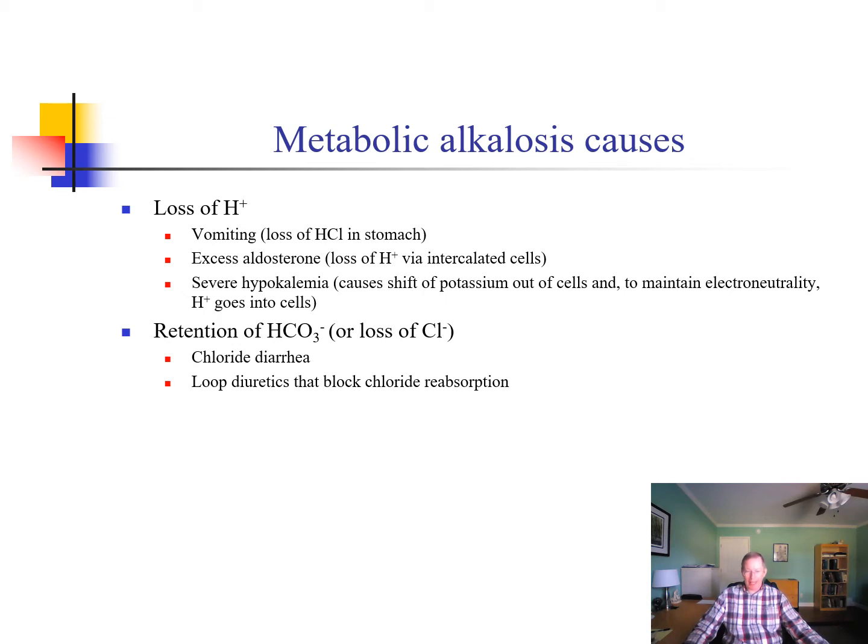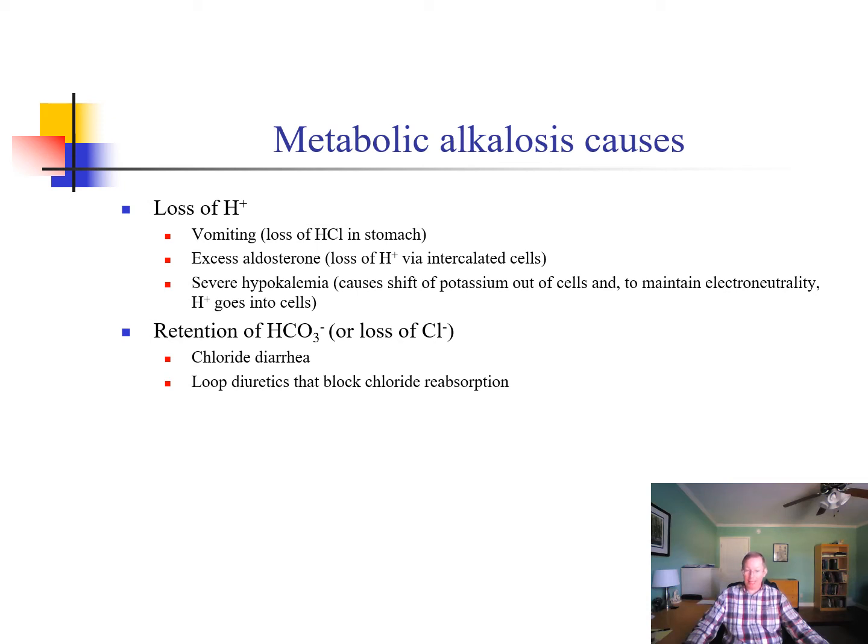I also can have loss of hydrogen ions from severe hypokalemia. In this case, it isn't a true loss. What happens is the potassium, which is a major intracellular cation, will come out of the cells to try to stabilize the amount of potassium that's present in the blood, and to maintain electron neutrality, I'll bring a proton in.